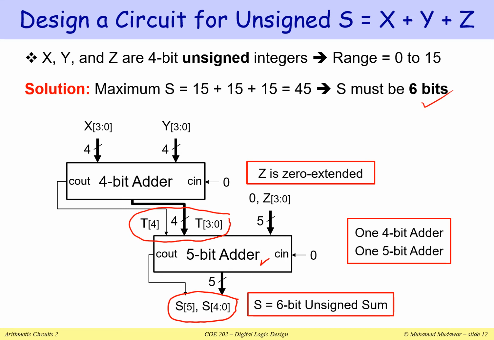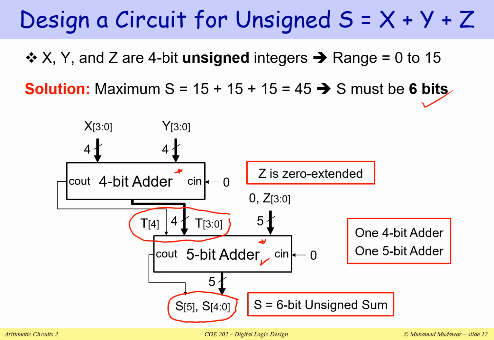So we use a 4-bit adder and we use a 5-bit adder. Inside the 4-bit adder, which is shown here, we have 4 full adders. Inside the 5-bit adder, inside this block, we have 5 full adders.